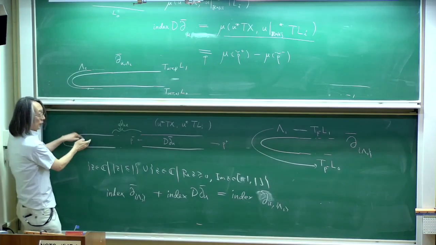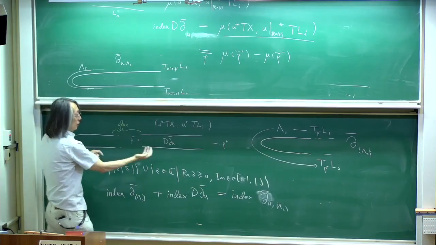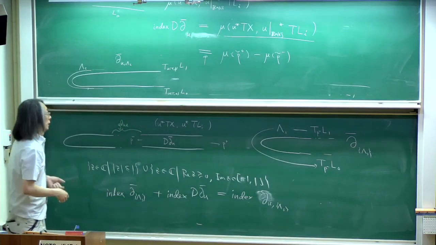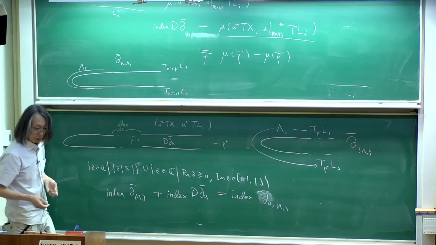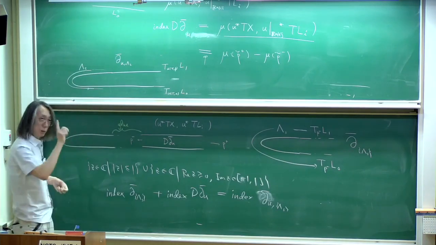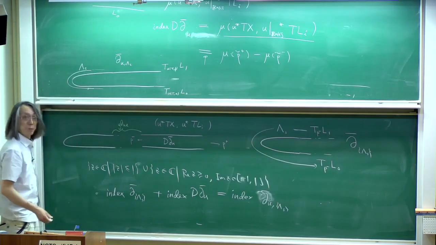So you have some operator which is invertible at this end, and this is also invertible at this end. Then actually you have such an index sum formula. It is a version of an Atiyah-Patodi-Singer type formula, but this is just a complex one-dimensional case, so it's a very easy case. But so we have this index sum formula.